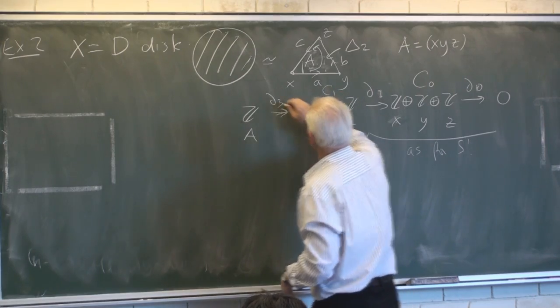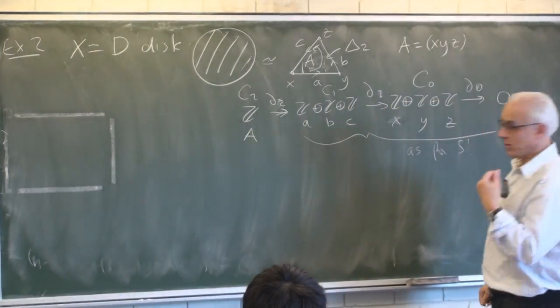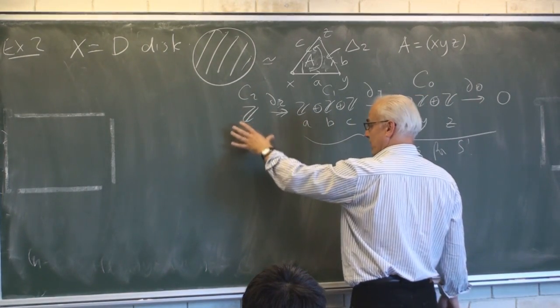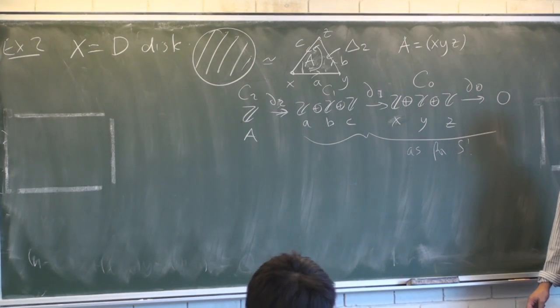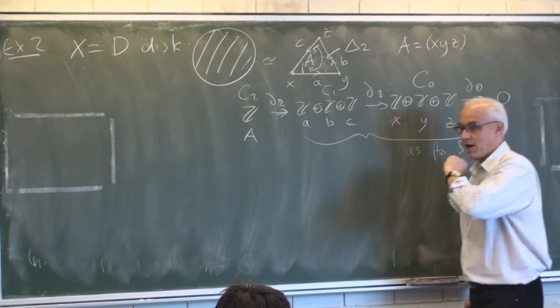That's C1, that's C2, del 2. The only thing that's new now is that we have this two-cell, two-dimensional chain whose boundary will actually be something. So the first homology could possibly change.